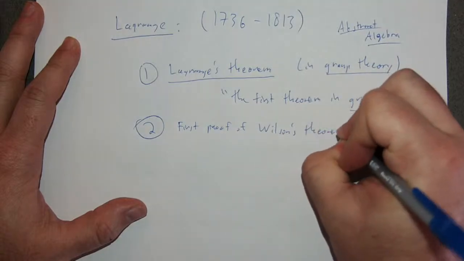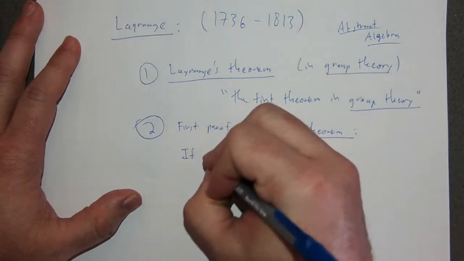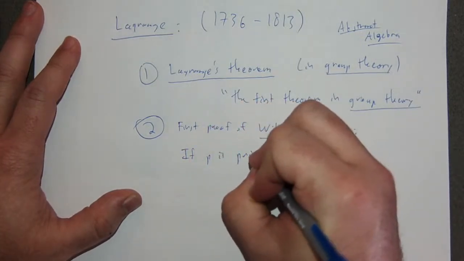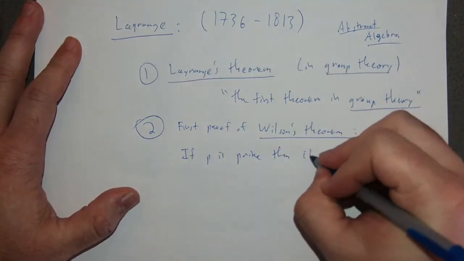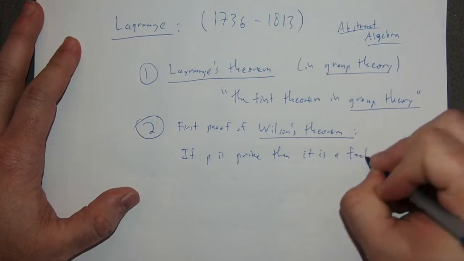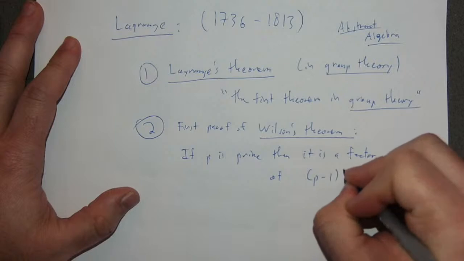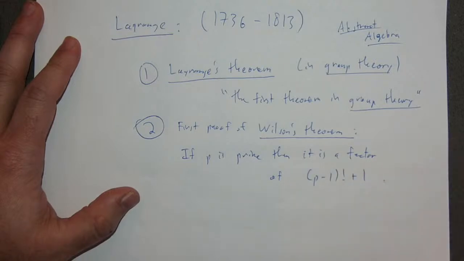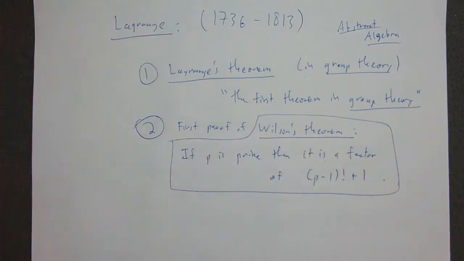Wilson's theorem is a theorem in number theory that says the following: if p is prime, then it is a factor of (p minus 1) factorial plus 1. So that's Wilson's theorem. Okay.